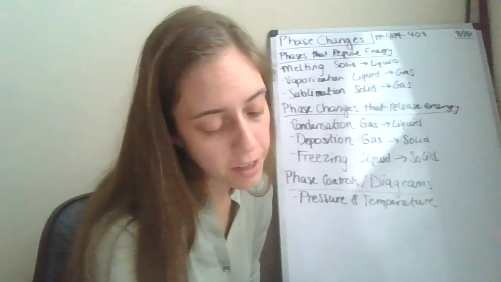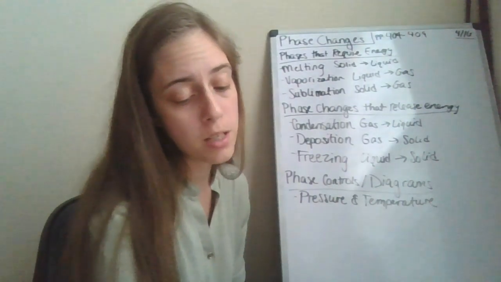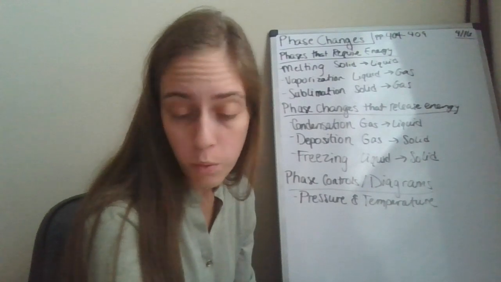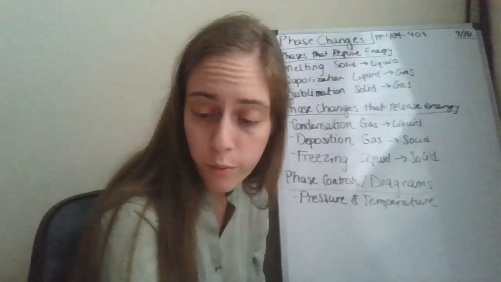Okay, so a phase diagram is a graph of pressure versus temperature that shows where a substance is going to be in each phase. So you're going to want to look at page 409 in your book. They color code it for you.